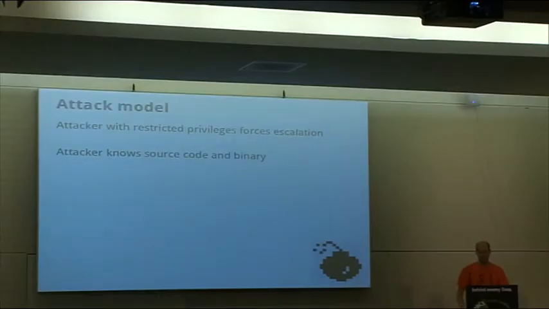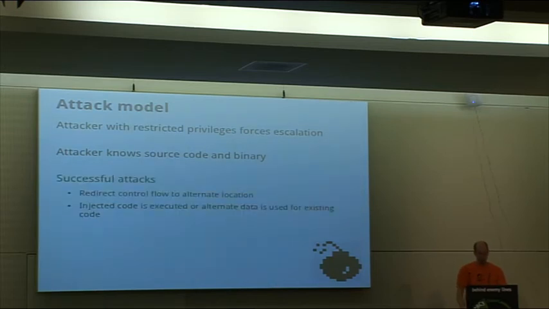We also assume we live in an open source world. This has many advantages, but one of the downsides is that the attacker knows the source code, and if we are using a stock image, like for example Ubuntu server, the attacker also knows the exact binary and can replay the exact same scenario that is used on the server at home in his little playground. So we have to assume that the attacker knows all these little things.